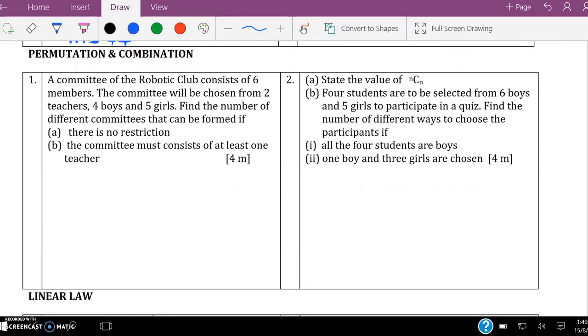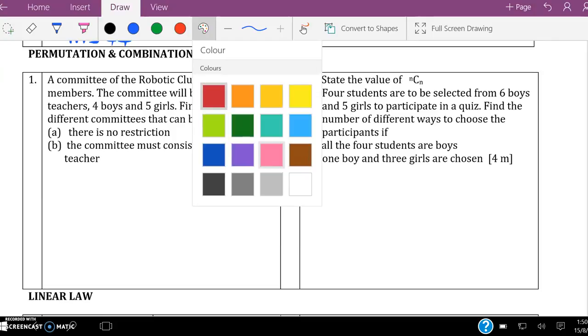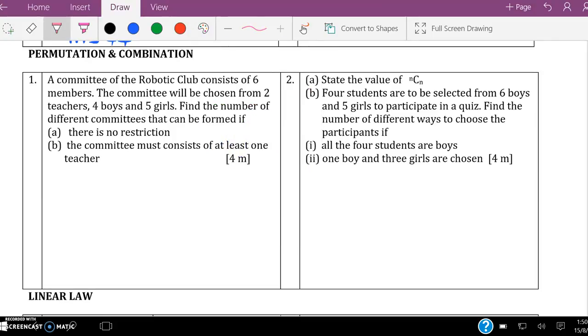And combination. A committee of a robotic club consists of 6 members. The committee will be chosen from 2 teachers, 4 boys and 5 girls. Find the number of different committees that can be formed. When we mention committees, usually it will involve combination.